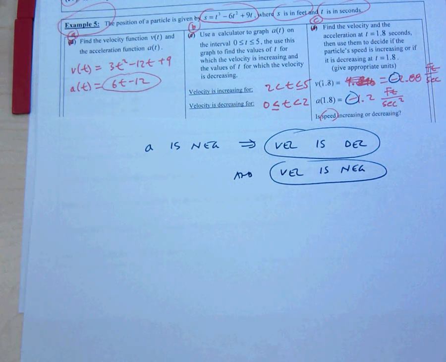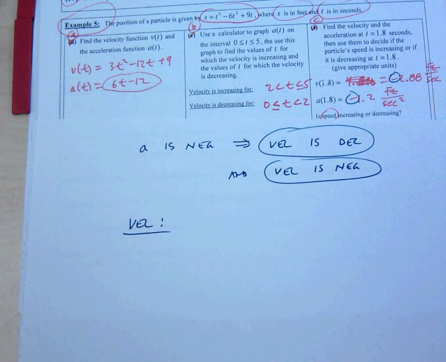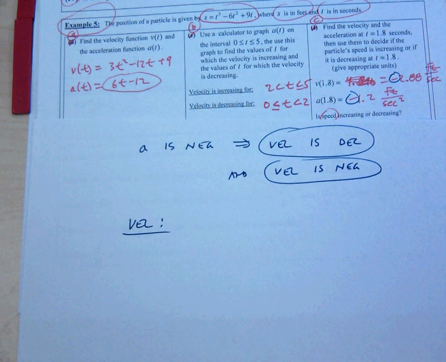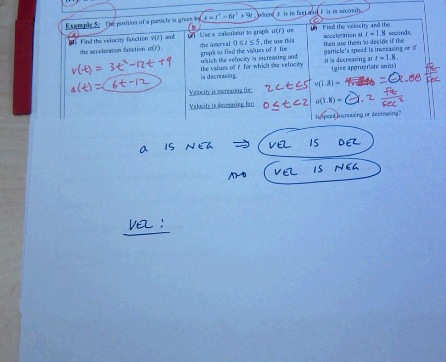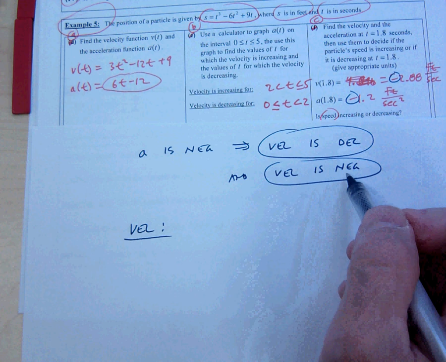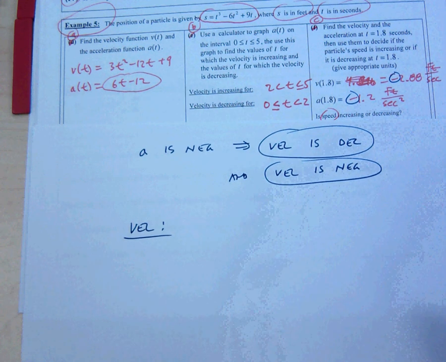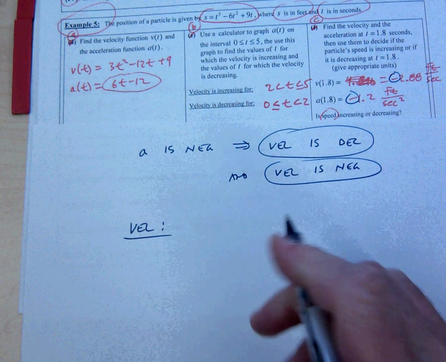The velocity is decreasing, and the velocity is negative. So let's analyze that. Again, even though this is at one moment in time, we can understand it better if we look at it on an interval. So if the velocity is decreasing, and it's negative, right? So let's draw, or at least write down some values where that would be the case, where the velocity is negative and decreasing, okay?